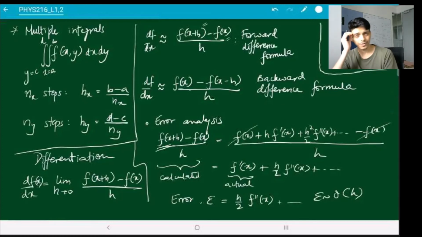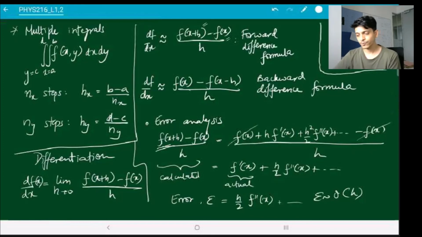So once again, the smaller you make h, the more accurate your answer will be. But there's a problem over here. If you make h very, very small, then f of x and f of x plus h become very close to each other, and then there's a problem with the precision of your computer. Because your computer is storing data in bits, there is a certain rounding error that occurs, and that rounding error becomes significant when you're subtracting two numbers very close to each other.